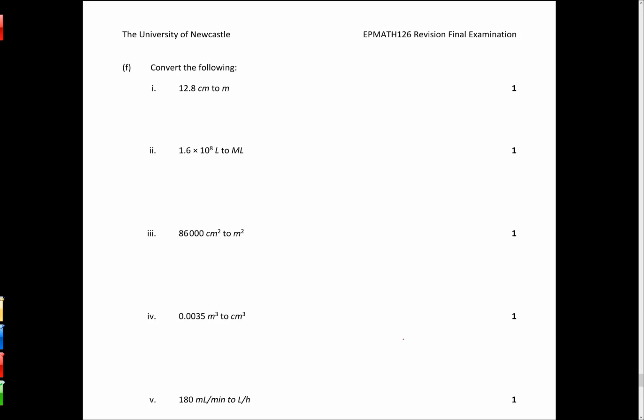Now, conversions. Got 12.8 centimeters to meters. You might be able to do it without this fractional method, but I'm going to say I've got 12.8 centimeters. And since it's got no denominator, I'm going to put it over 1. I don't want centimeters, so if cm's on the top, I'm going to put cm on the bottom. I do want meters, so this little conversion factor is going to change it from cm to m. Now, what do I know about centimeters and meters?